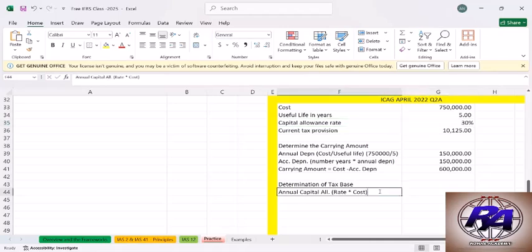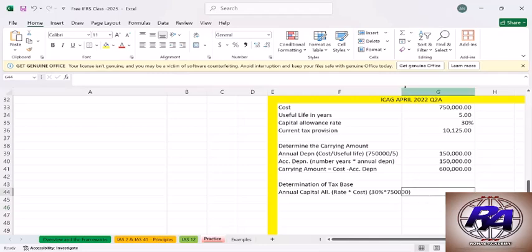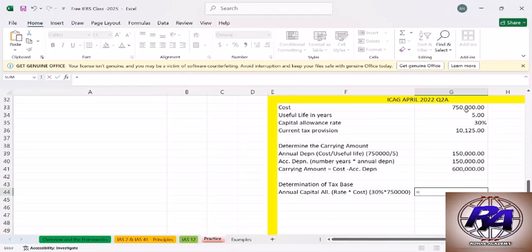So in this case, it's going to be 30% multiplying the 750,000, which is the cost. This is going to give us 225,000 Ghana cedis. That is going to be our annual capital allowance.